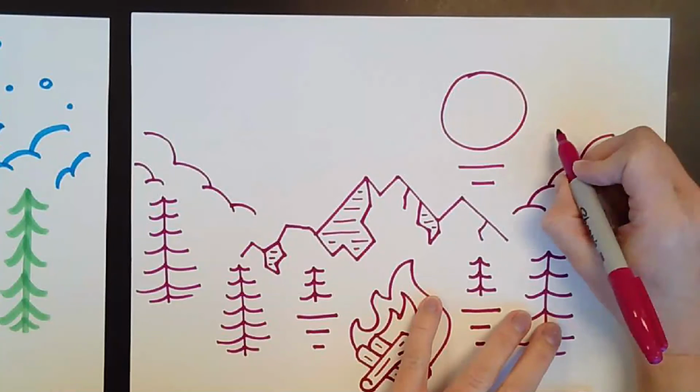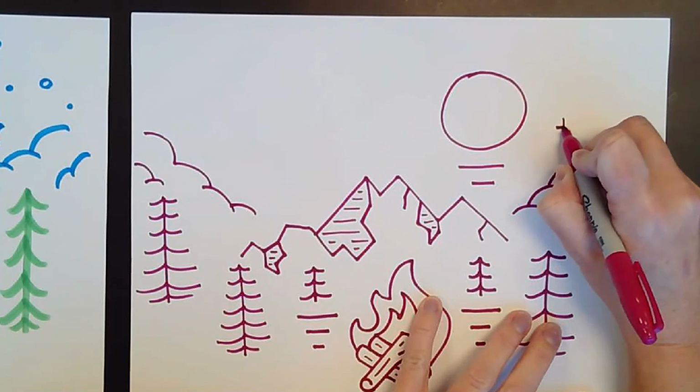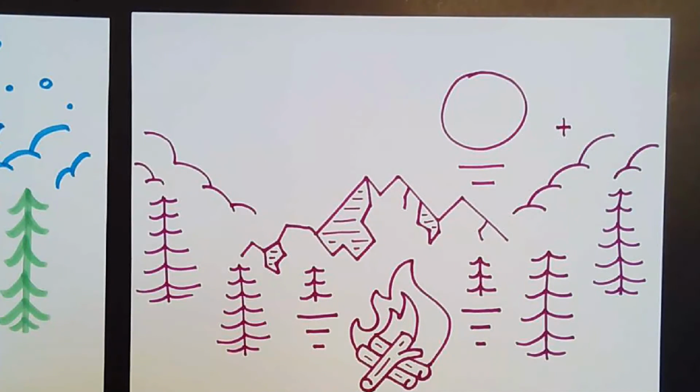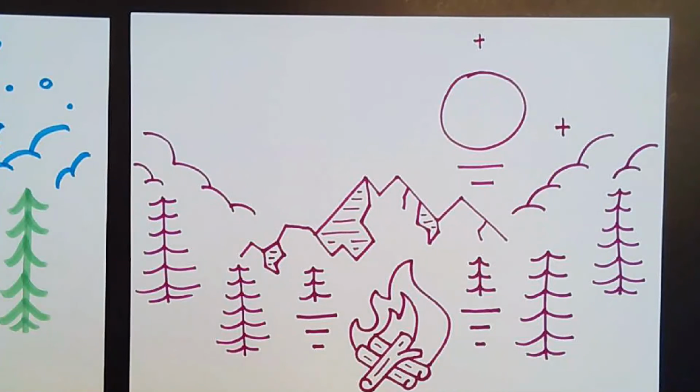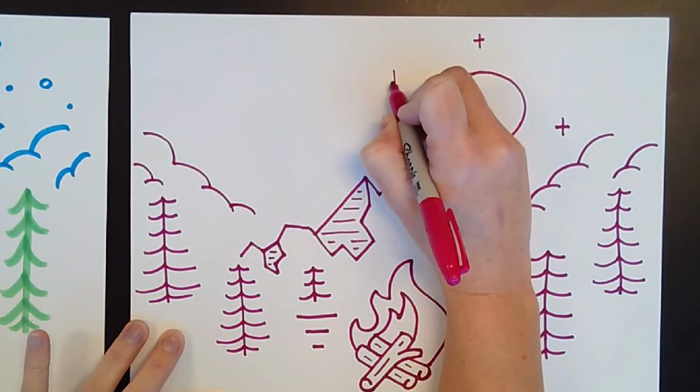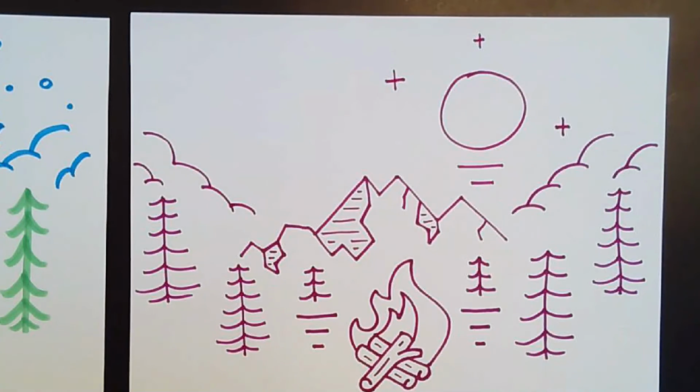And then watch, I'm going to draw a plus sign here. That's going to be a star. Draw a plus sign above the moon. And another one over here to the left.